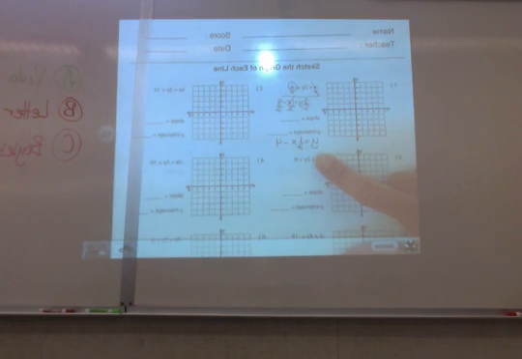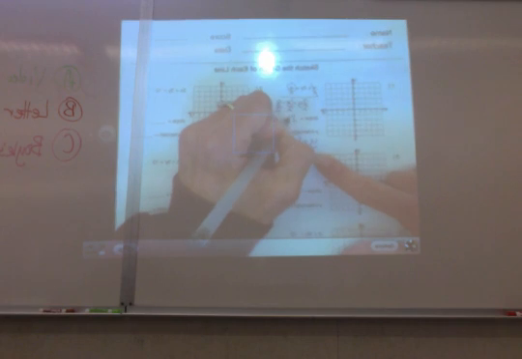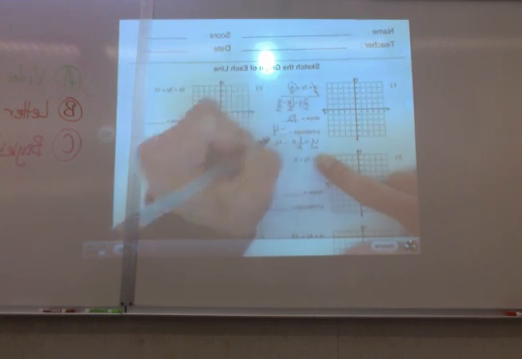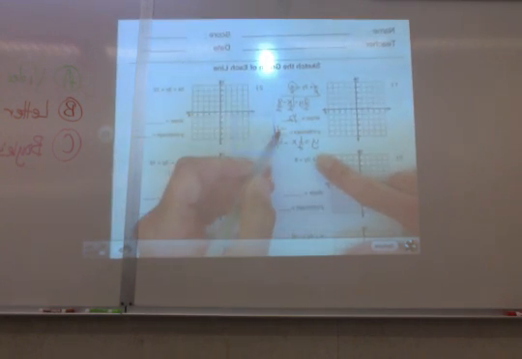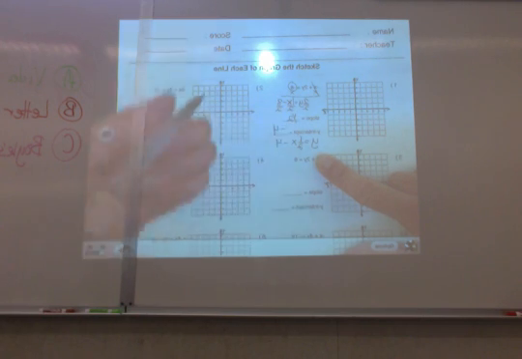Now that I have it in y equals form, one of these numbers is the slope, one of these numbers is the y-intercept. Which one is which? 1/2 is the slope, -4 is the y-intercept. Once I know those two, this is easy to graph.